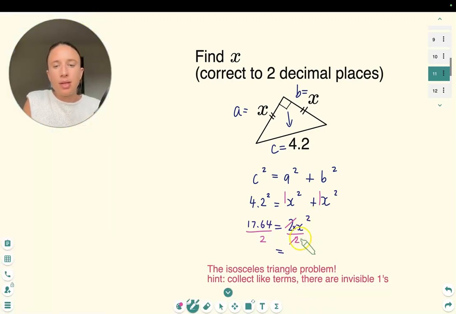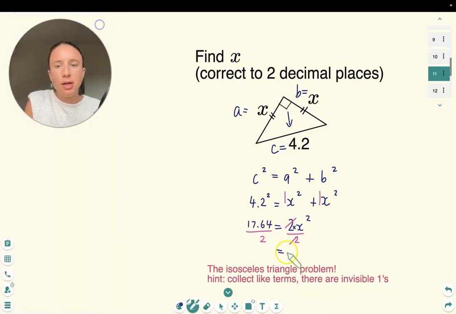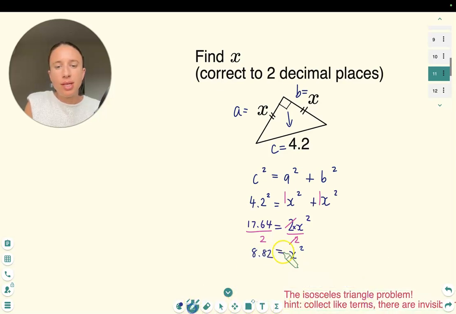Now, I'm left with x squared on this side, and 17.64 divided by 2 is 8.82. But I want x, and I've got x squared.